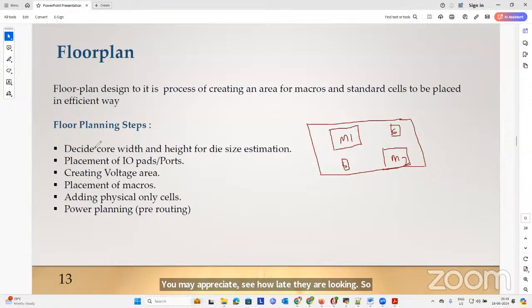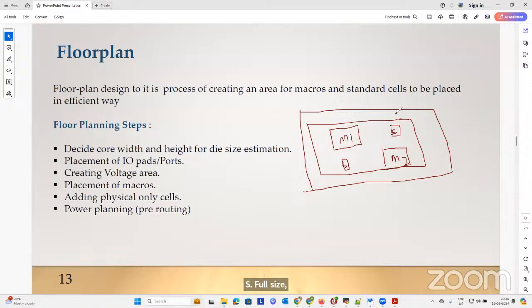Floor planning steps decide the core width and height of the die size estimation. We are going to estimate core size, die size, and placement of IO pins, IO pads, input output connections of ports. Next is creating voltage areas. We have some high voltage areas in our design, so we'll be creating high voltage design areas.